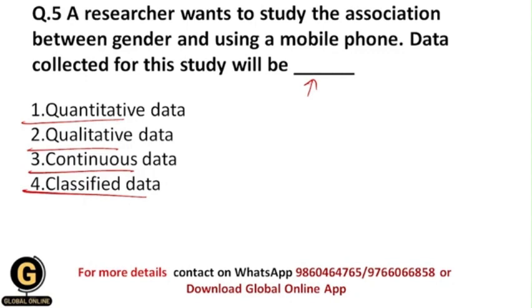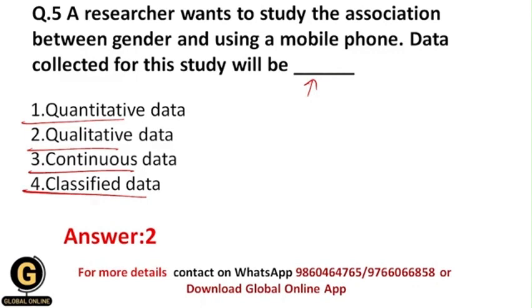But within qualitative data, we don't give values to the data sets, and here the data is in picture or word format. Okay. And over here the researcher will collect qualitative data, because the researcher wants to understand exactly the association between gender and using a mobile phone, right?